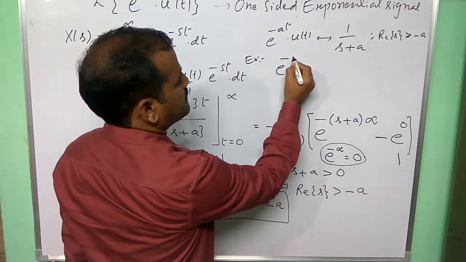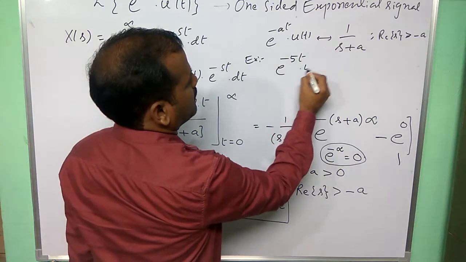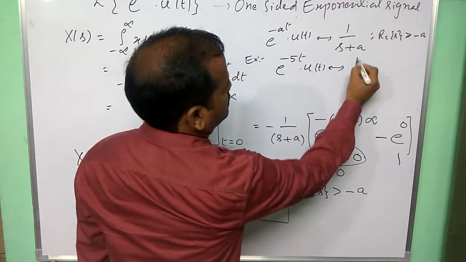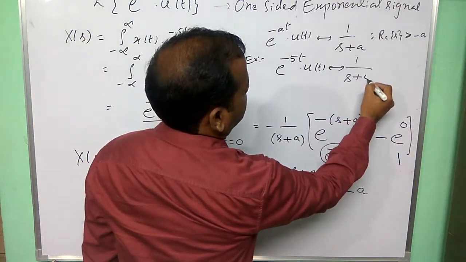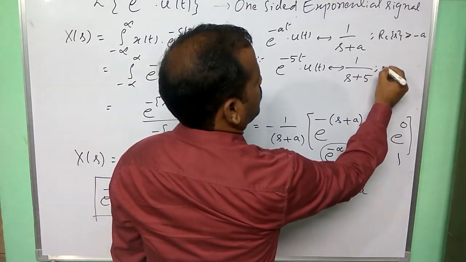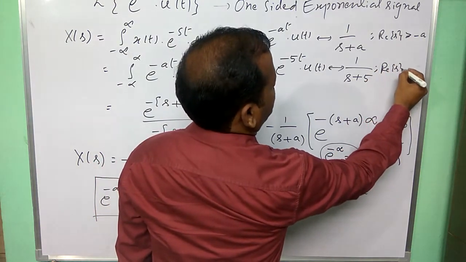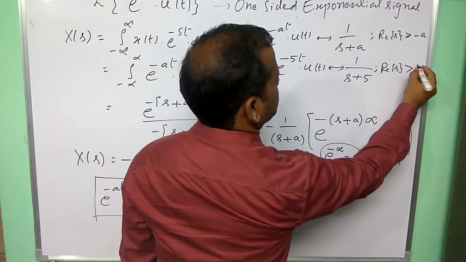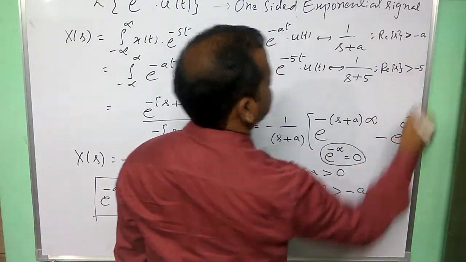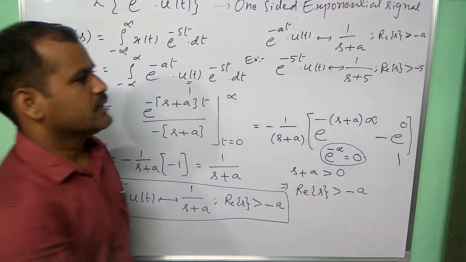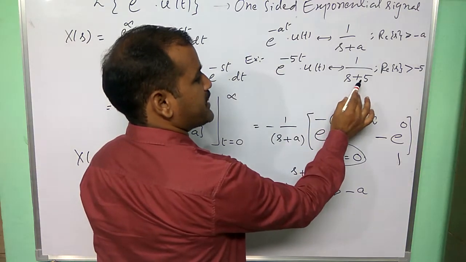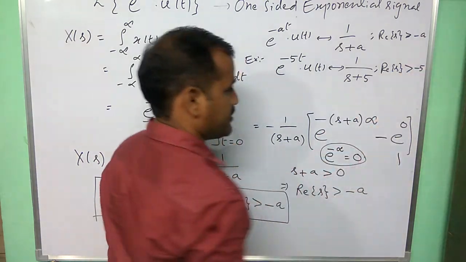E power minus 5t u of t, Laplace transform should be 1 by s plus 5, with ROC real part of s greater than minus 5.